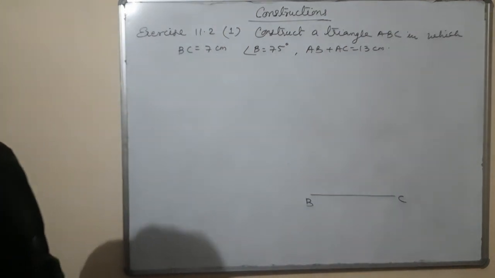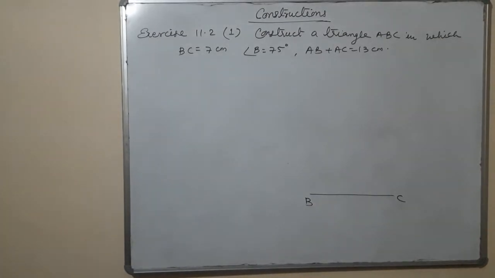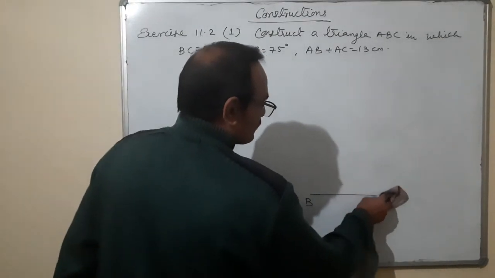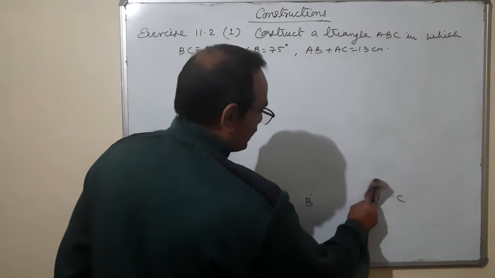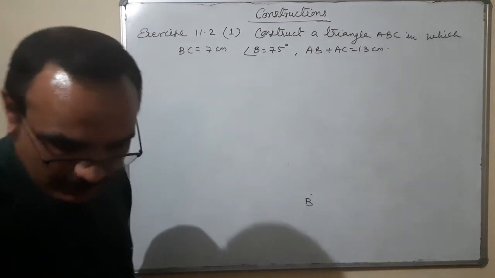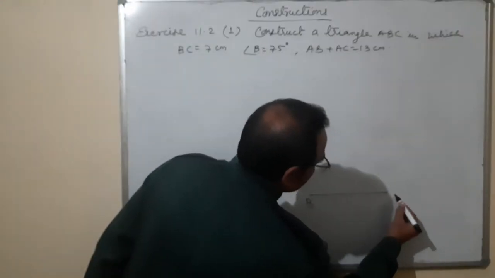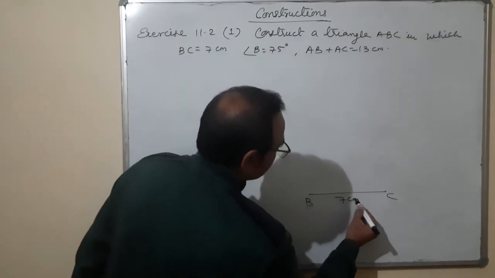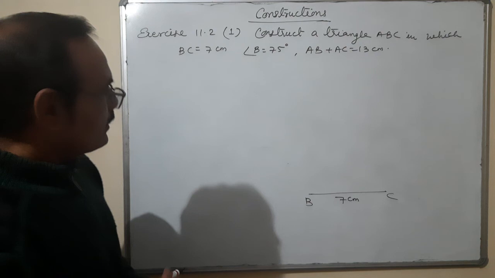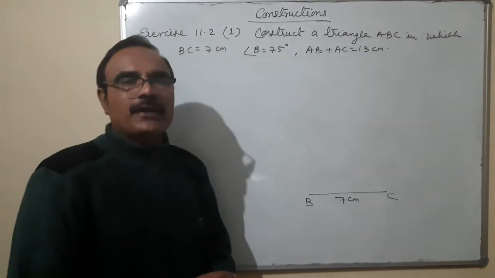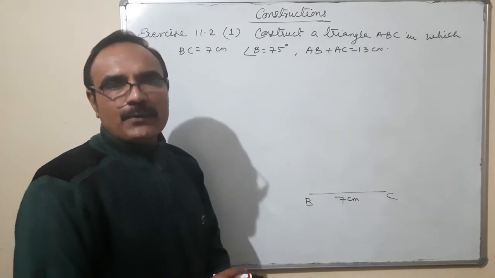As soon as you draw the line, immediately write the label here. Labeling is required. Through points B to C, BC 7 centimeter. That is one. After that, angle B is equal to 75 degree.